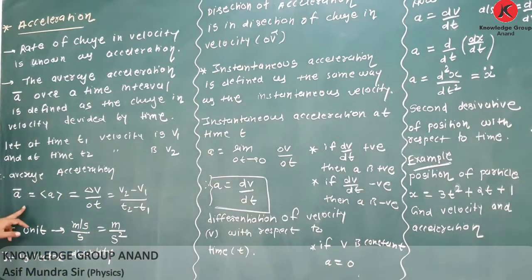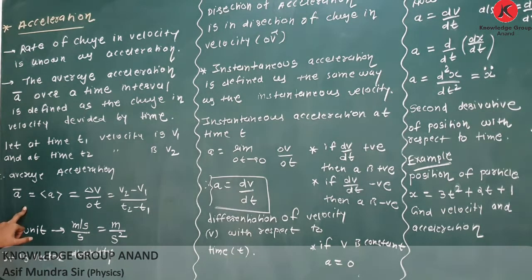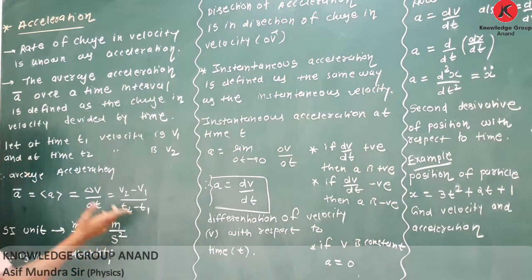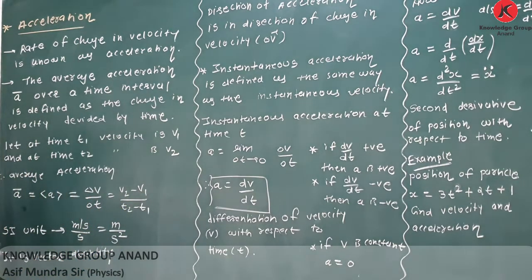See, this equation is similar to equation of average velocity. v bar is equal to delta x upon delta t is equal to x2 minus x1 upon t2 minus t1. Yes, similar, see, a bar is equal to delta v upon delta t is equal to v2 minus v1 upon t2 minus t1. Clear?